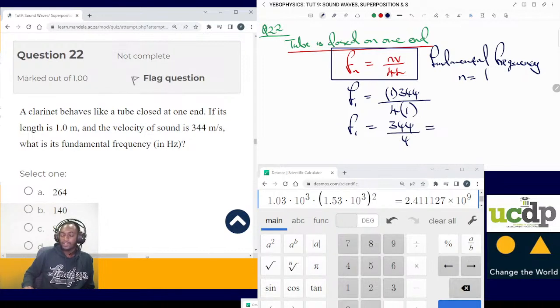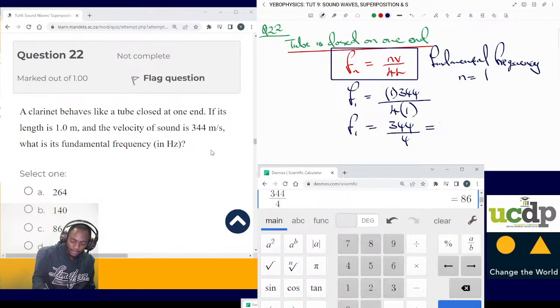We need a calculator. 344 over 4 should give us 86 hertz. 86 hertz, that's the frequency.